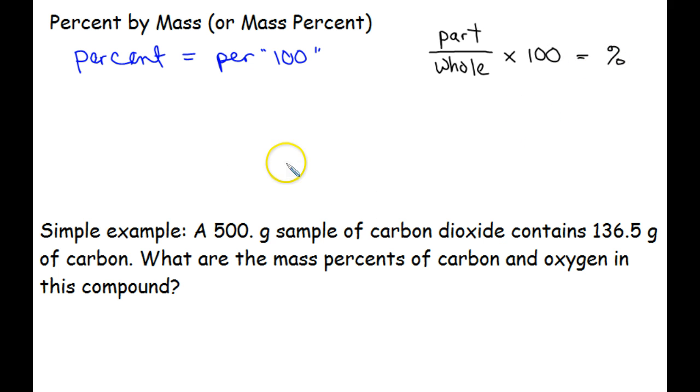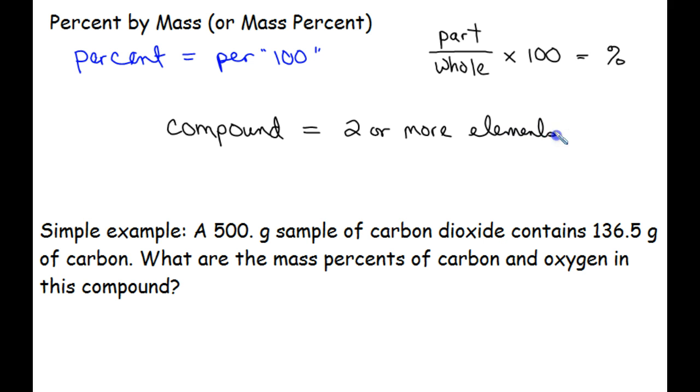So in chemistry, normally when we're doing mass percent, we're talking about a compound. A compound is two or more elements that are bonded.